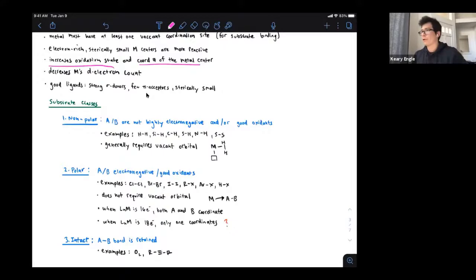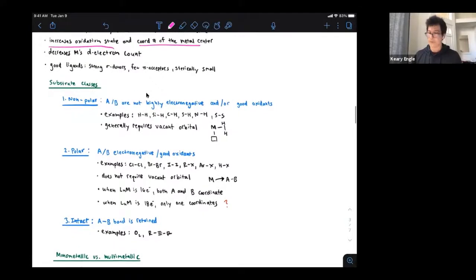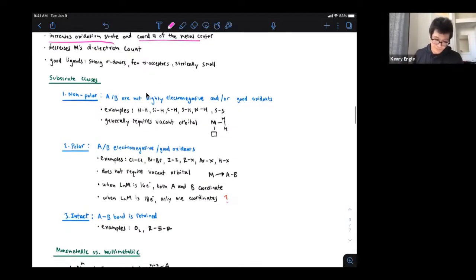For oxidative addition to take place, these will generally require a vacant orbital next door to where the ligand is coordinated. That would make sense because both of these ultimately get incorporated onto the metal.